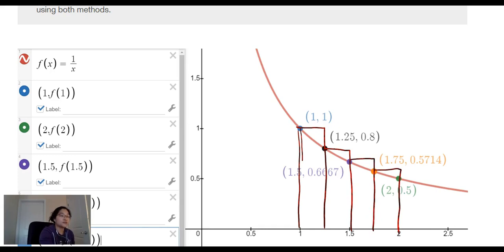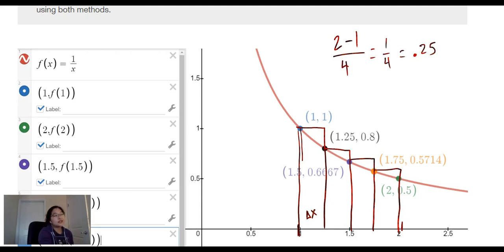So the delta x is 2 minus 1, because we're going from 1 to 2, divided by how many subintervals we're looking at. We're looking at 4. So 2 minus 1 over 4 is 1 over 4, which is 0.25.